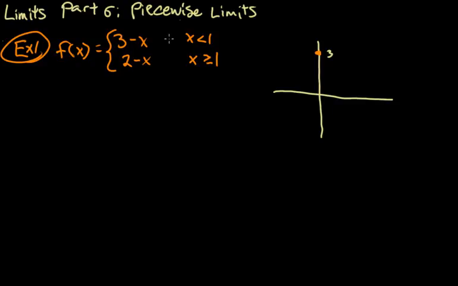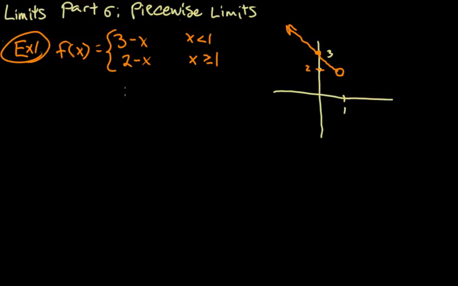So 3 minus 1 equals 2. So when x equals 1, this is going to be at 2, and we'll call this 2. Now notice this is not equal, so it goes up to that point, and we can tell from the look of this that it's just going to be a straight line.